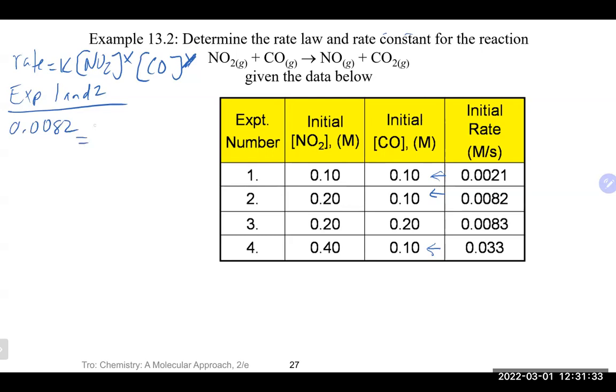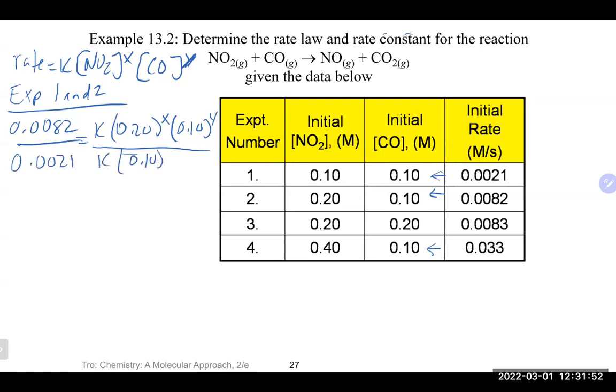0.0082 equals our K, and it looks like 0.2 to the X and our 0.1 to the Y. And number 1 on the bottom there, 0.0021 or K, 0.1 to the X, and 0.1 to the Y in this particular case.